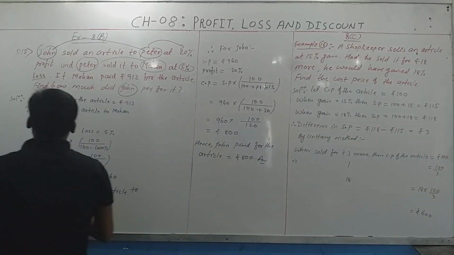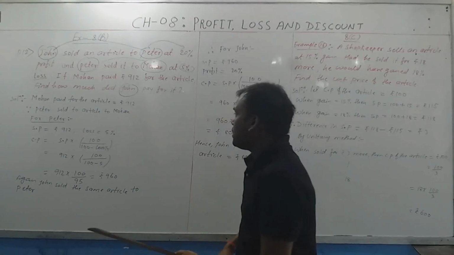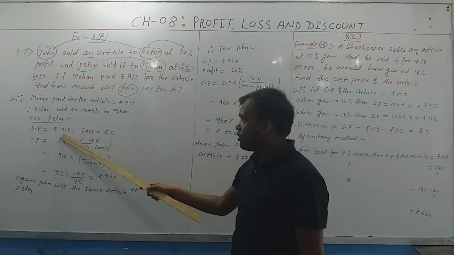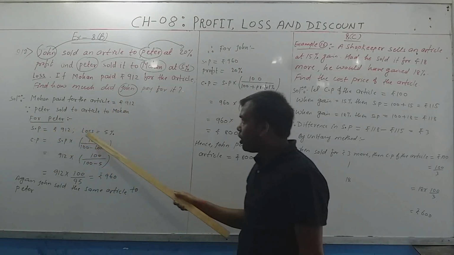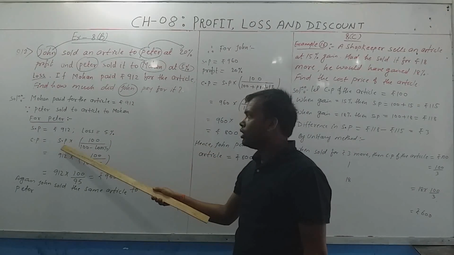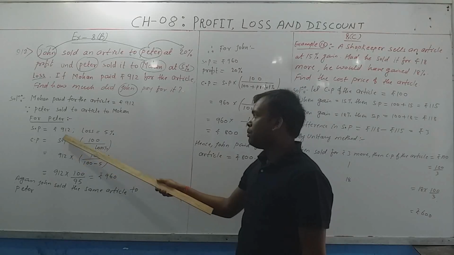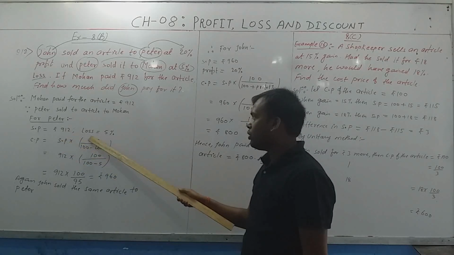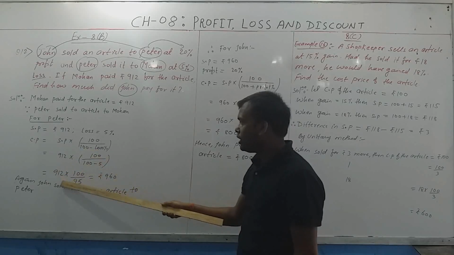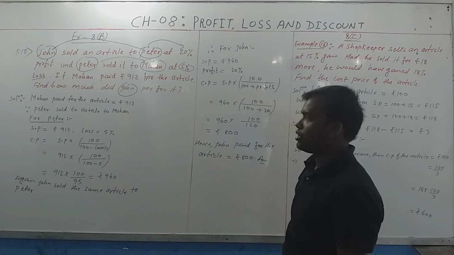SP for Peter is 912, and the loss percentage is 5%. So CP is equal to SP into 100 divided by 100 minus loss percent. Replacing SP is equal to 912 and loss is equal to 5%, this will become rupees 960.